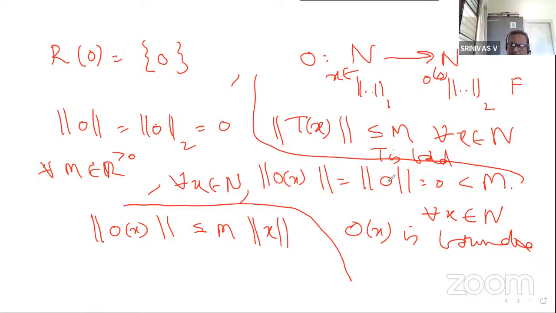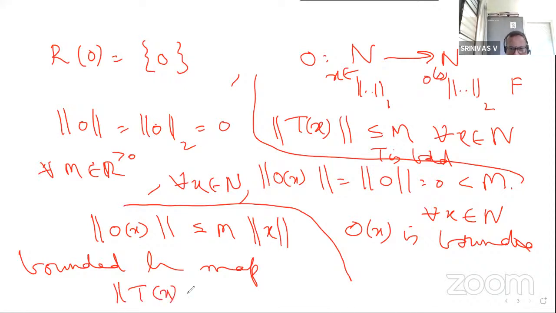And here we would like to define boundedness of a linear map. We want to define a bounded linear map. If our map T satisfies that norm Tx is less than or equal to m times norm x, we would like to call this T a bounded linear map.